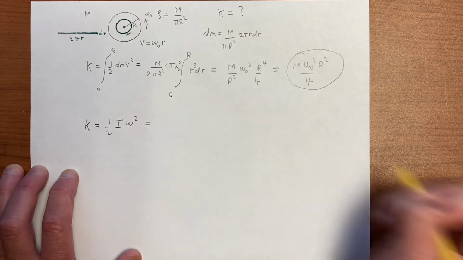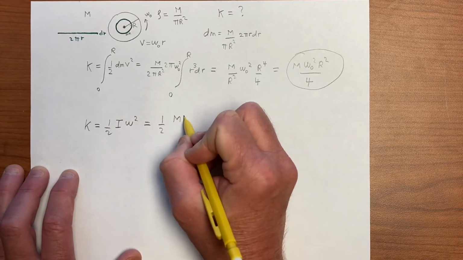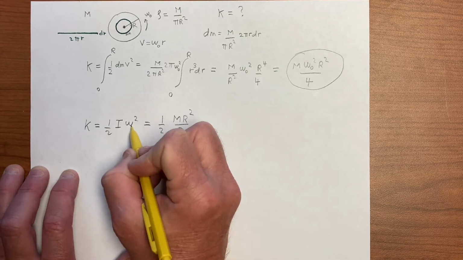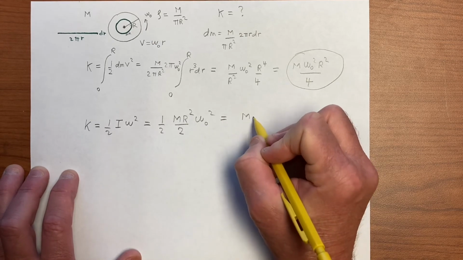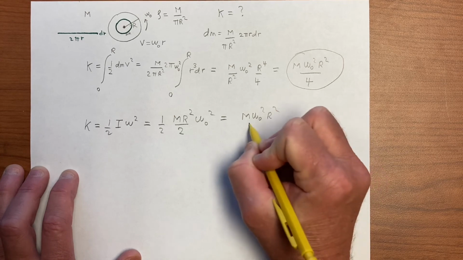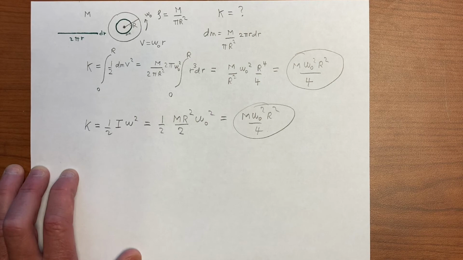So what are those quantities? In this case, we know that the moment of inertia of a disk is m times the radius of the disk squared over 2, and the angular speed is omega naught, so it looks like that. And straightforwardly, we have the same thing without going through any complications.